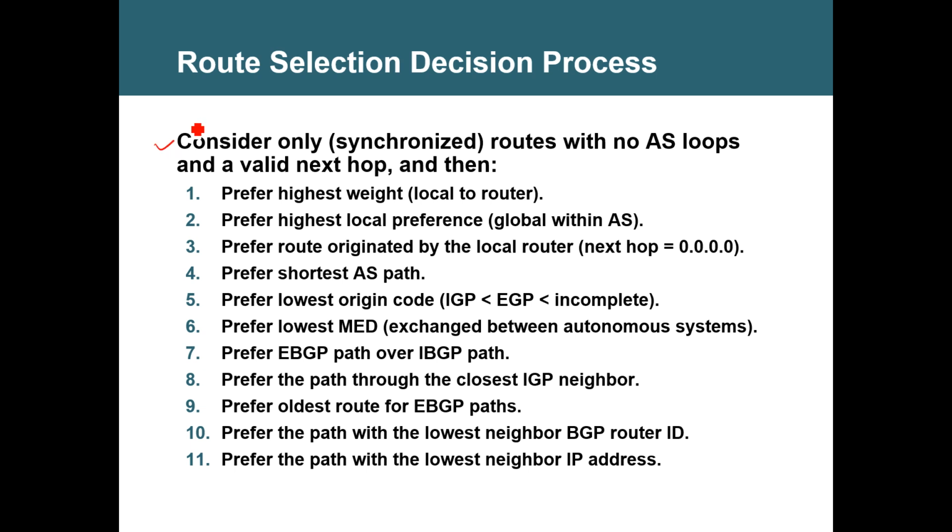First thing: is the next hop a valid, reachable next hop? Very important. That's a very important attribute. Next hop is an attribute, and that next hop should be a reachable next hop. If not, what do we used to do? If the next hop is unreachable, what do we do?